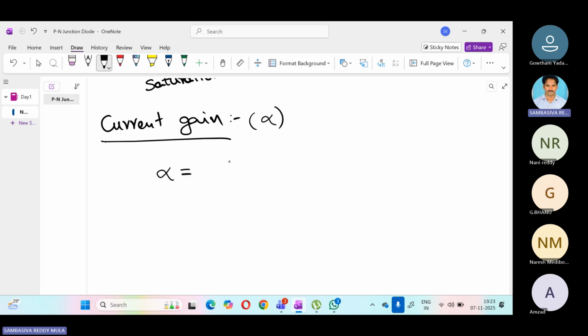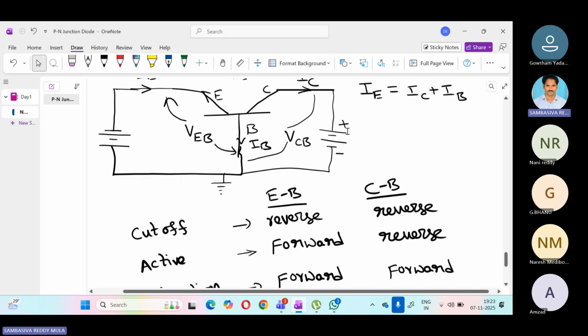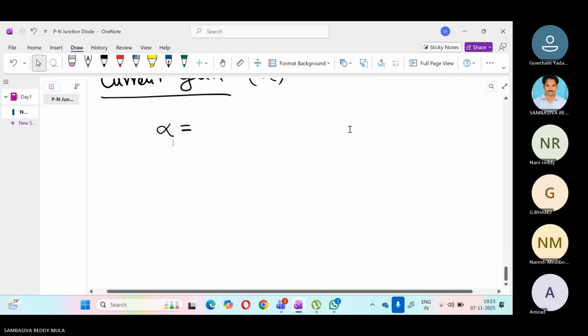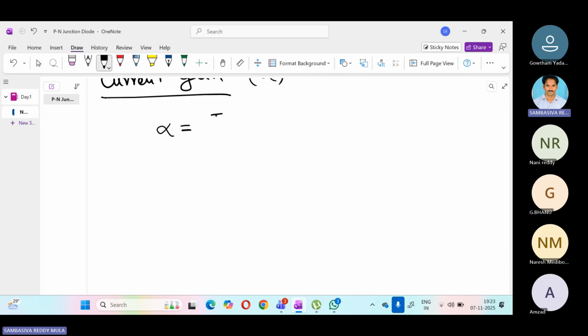In the common base configuration, the output current is IC and the input current is IE. So the definition of alpha is the ratio of output current to input current, IC by IE.